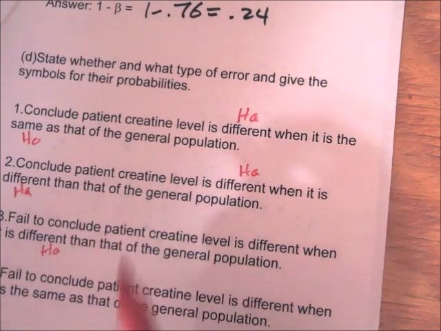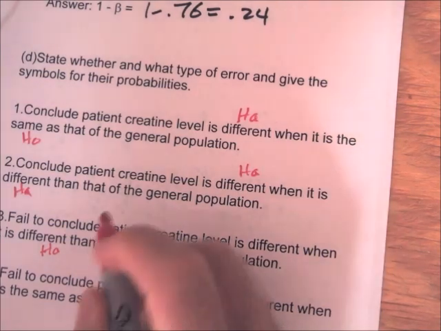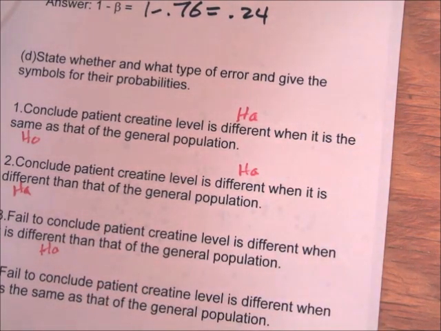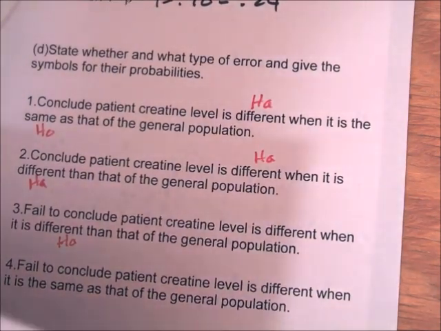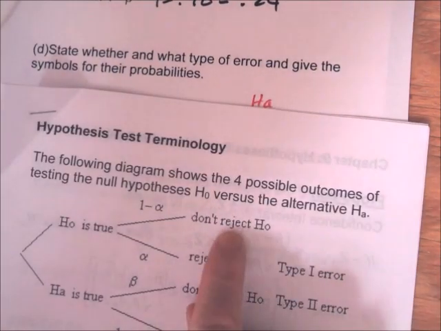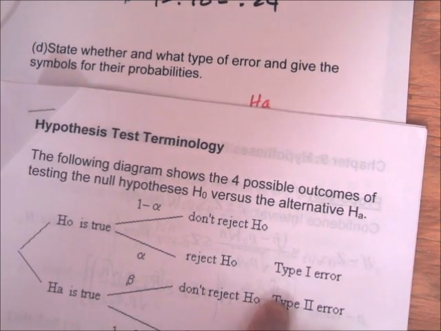And if we fail to reject H naught, you don't really accept H naught, but it's kind of almost like accepting H naught if you fail to reject H naught. So we don't reject H naught when HA is true. So that's going to be a type 2 error. That's going to be beta.